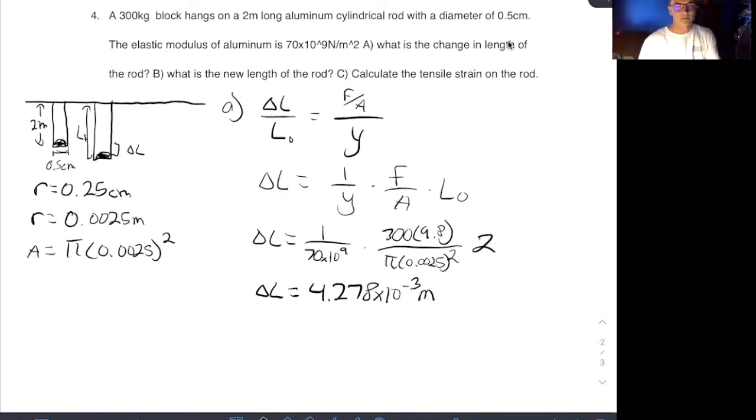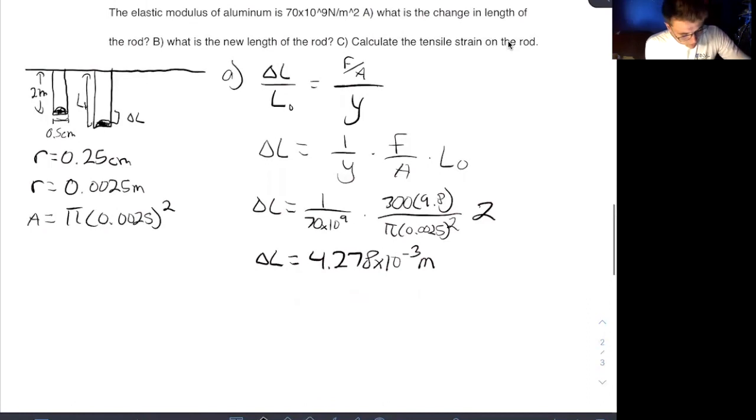So essentially what that is saying is our rod changed by 4.278 times 10 to the -3 meters, which is not that big, but is a change. So that is the change in length. When we go to part B, what do we want to find? The new length of the rod.